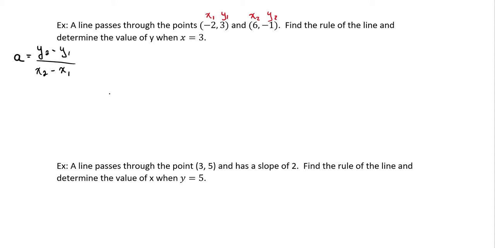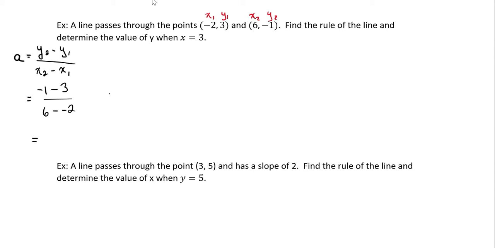So let's replace the x's and the y's with the numbers that were given here. y2 is -1 minus y1, which is 3, divided by x2, 6, minus x1, -2.